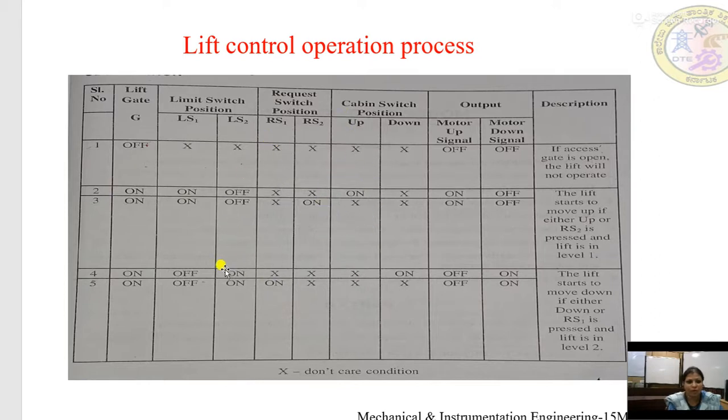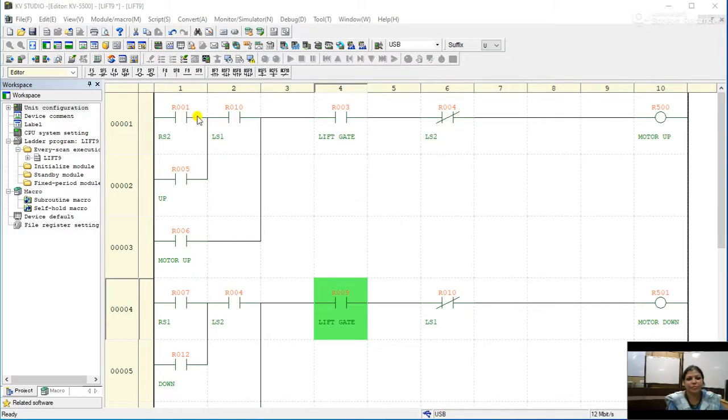By turning on and off the respective inputs, we are going to verify how we control the motor used in a lift operation, in the simulation. So this is the program.